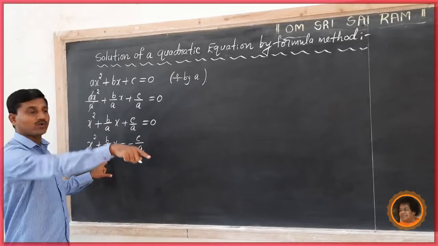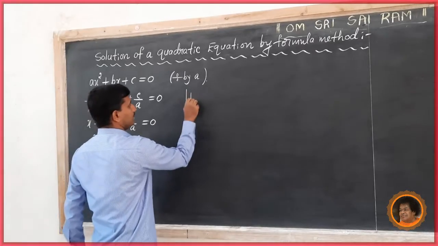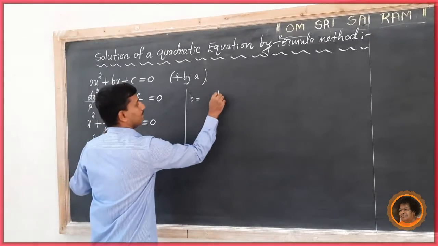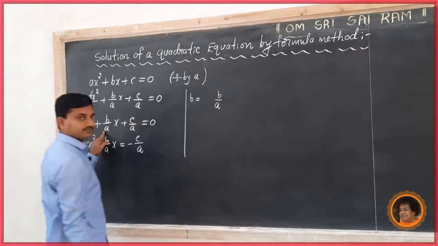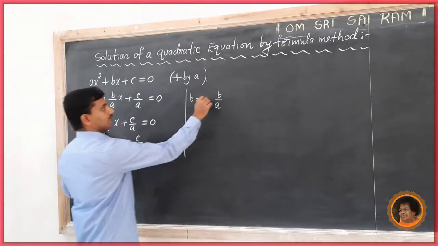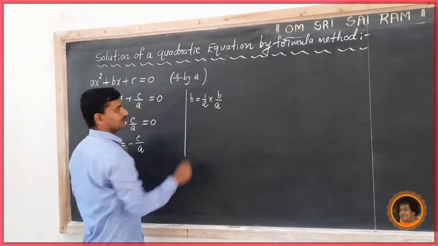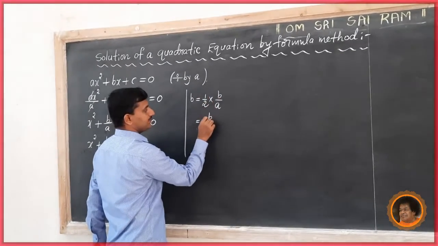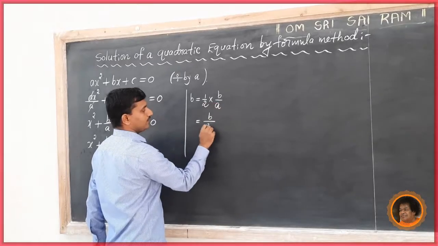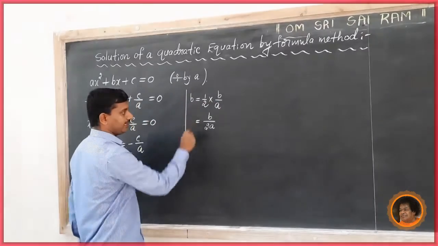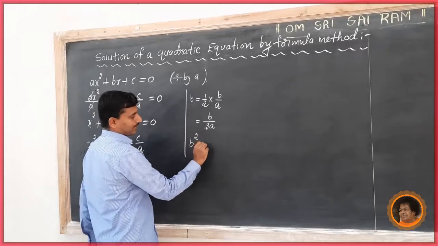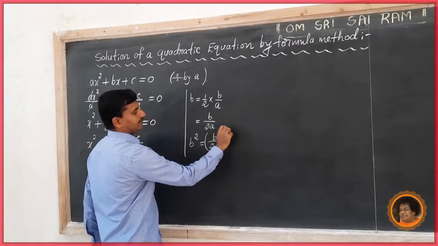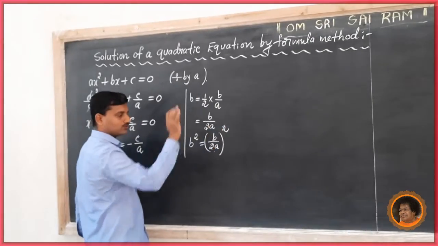Half of it, multiplying by half, becomes 1 into b divided by 2 into a, that is b divided by 2a. Now, square it: b by 2a whole square.